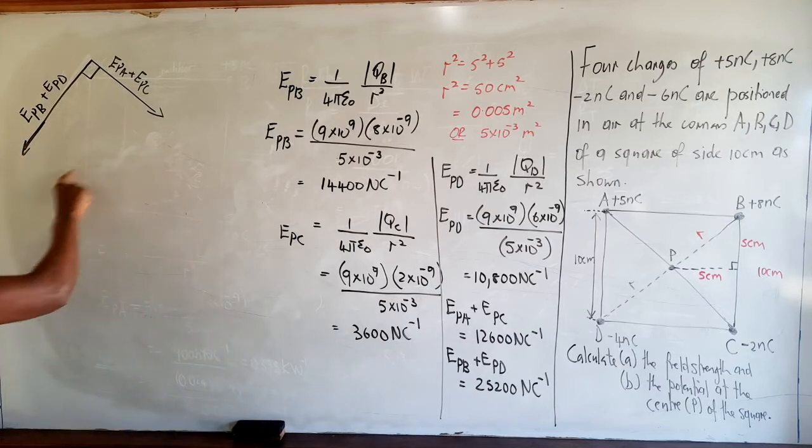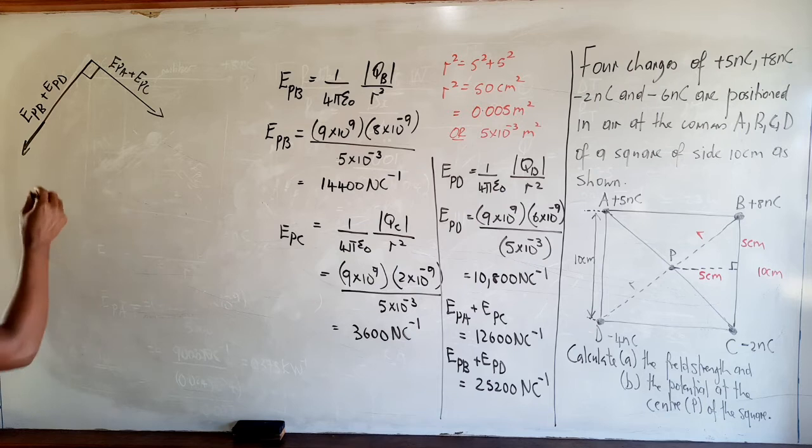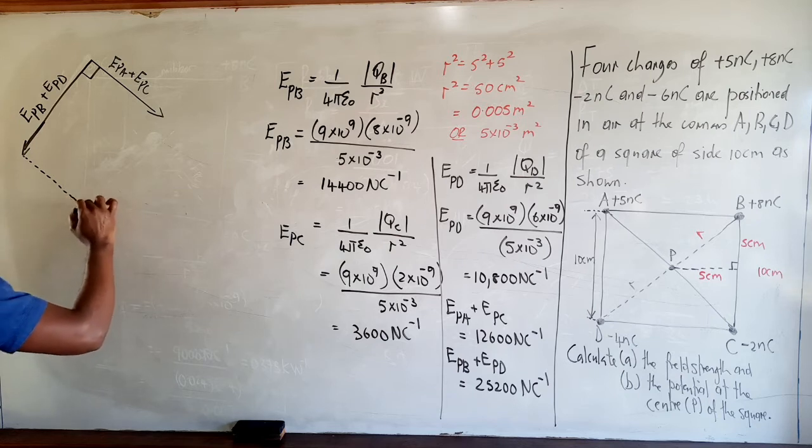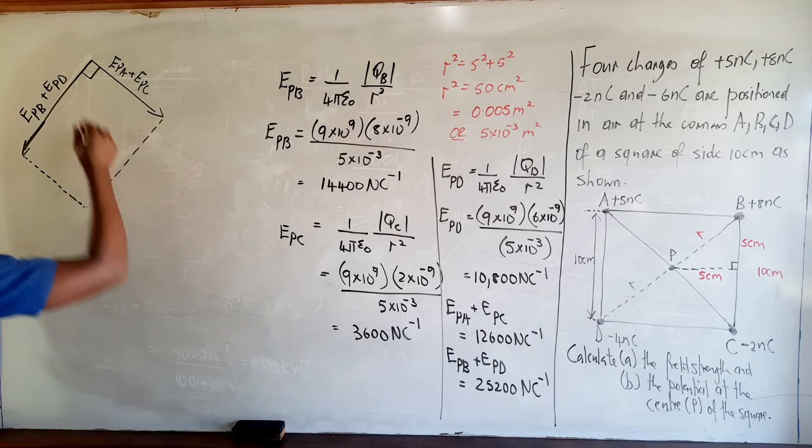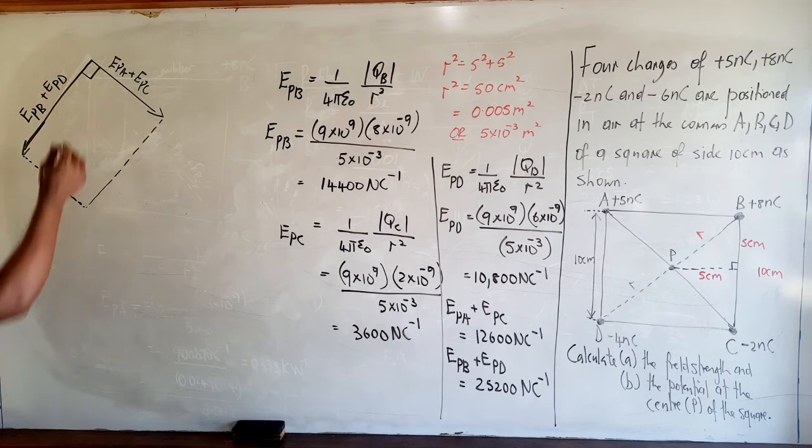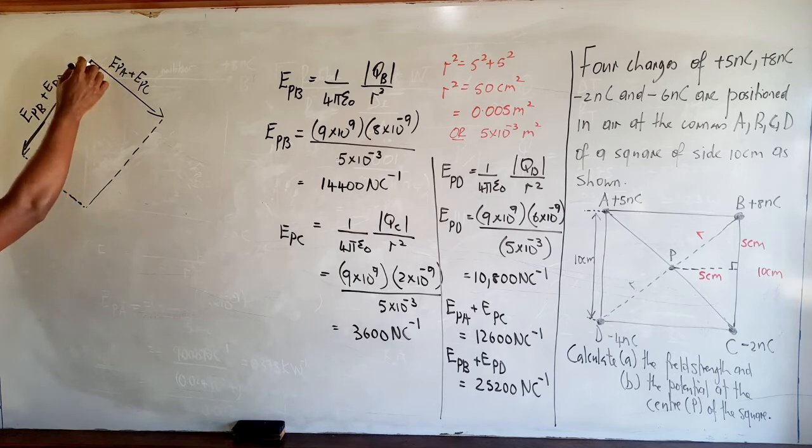So if this is how the field strengths are acting, then we can actually complete our parallelogram. So if the field strengths are acting like this, then the resultant field strength, of course, will be somewhere here.